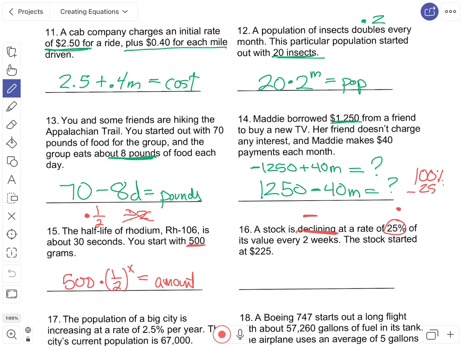So if we're subtracting 25%, we actually have 75% of the amount left over every 2 weeks. So we turn that into a decimal, so we're actually multiplying by 0.75. So we start at 225 times 0.75, and because we're multiplying, we put our variable up there for every 2 weeks, and that's going to give us what the value is.